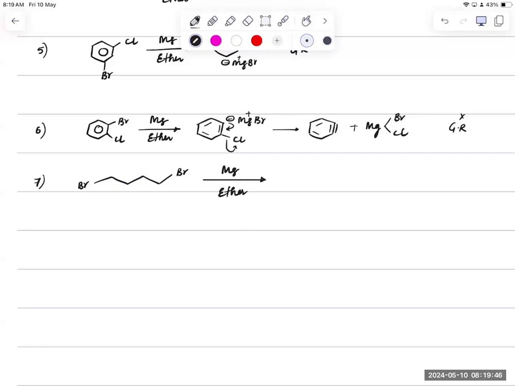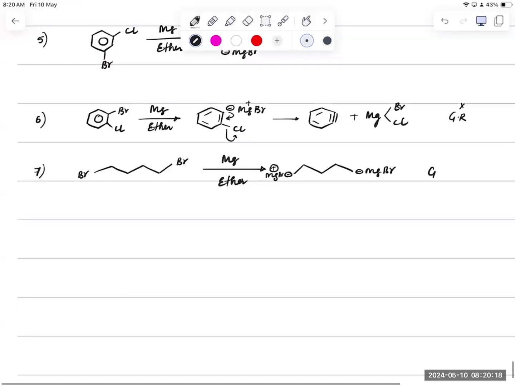If you have 4 carbons and above, there is no problem in terms of Grignard's reagent. So in this case, Grignard's reagent will be formed on either side. You'll get this as minus MgBr plus, and here we will have 1, 2, 3, 4, and then we have minus and MgBr plus. Okay. So Grignard's reagent will be formed in this case.